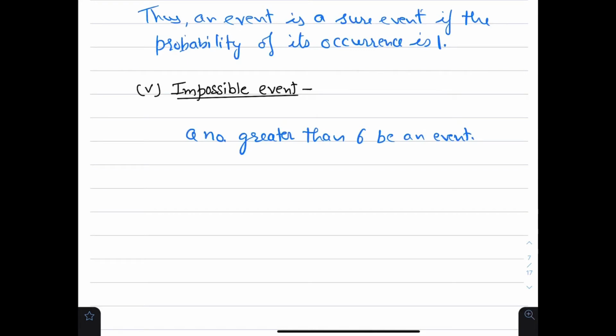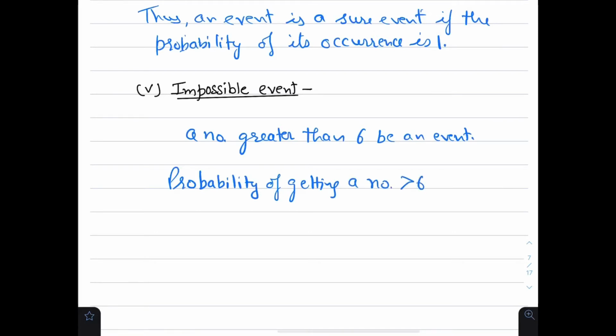Thus, the probability of getting a number greater than 6 equals 0 by 6 equals 0.